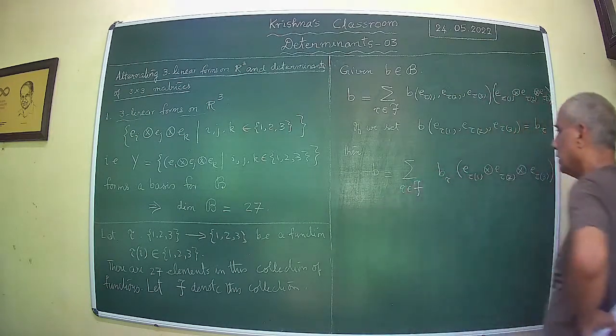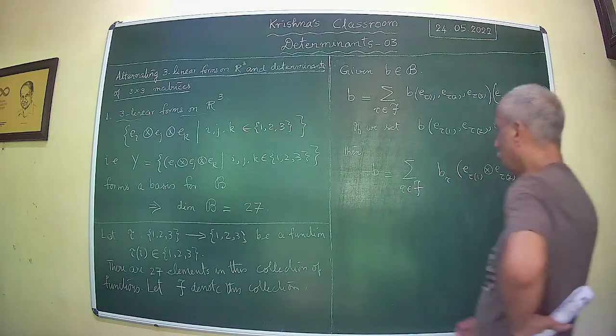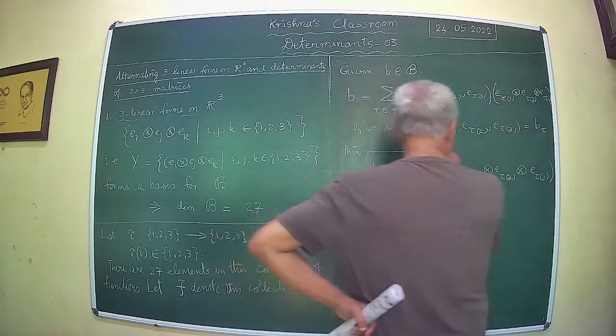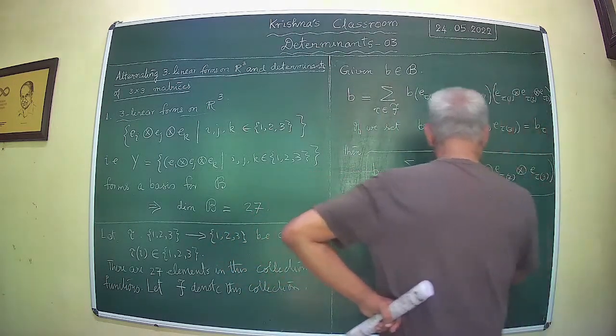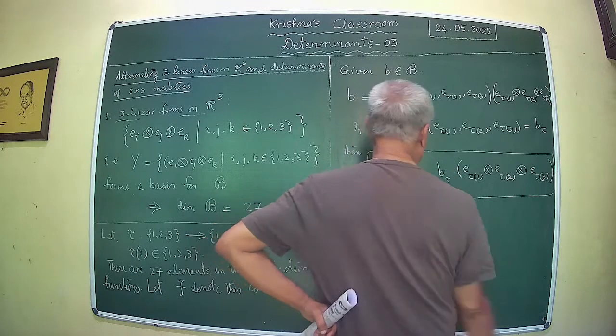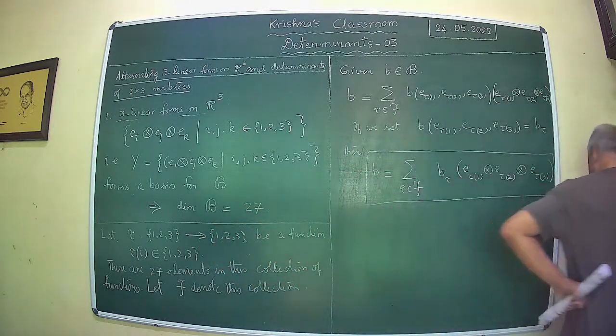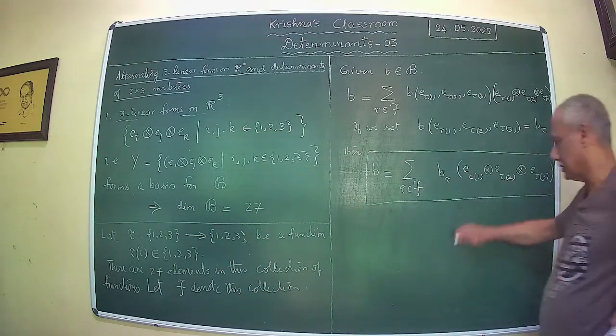This is the representation for B. It's a very handy representation. We shall need this while generalizing it. Okay, so that's about it.